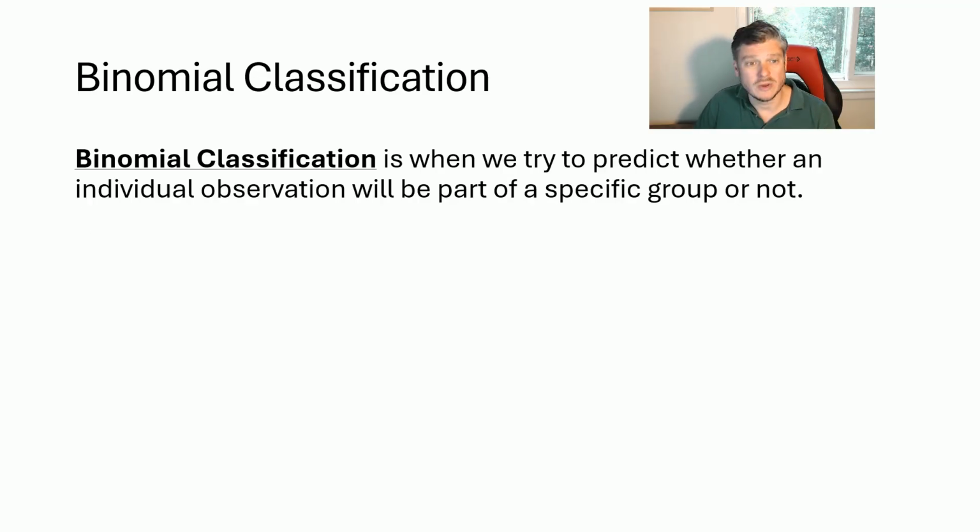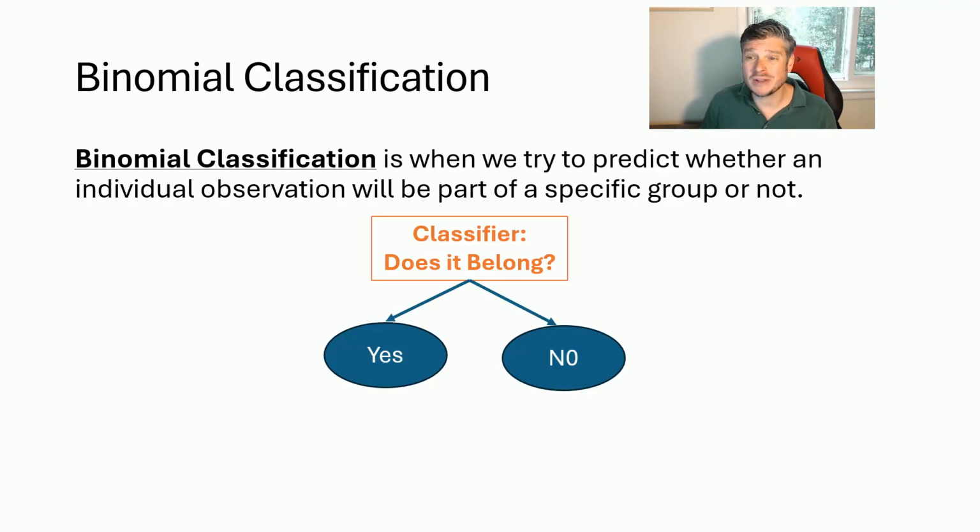So, first of all, just recapping, remember our binomial classification is when we're trying to predict whether or not an individual observation is going to be part of a specific group or not part of that group. So a binomial classification means, again, there's going to be two options. Our classifier is going to take a piece of data and determine whether or not it believes it belongs to a certain class or it does not.